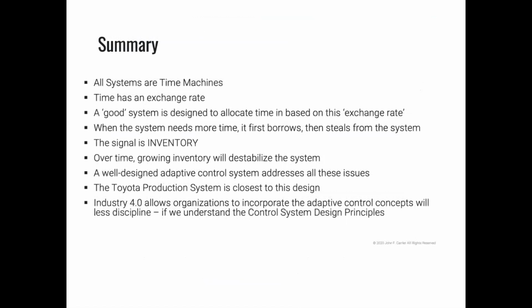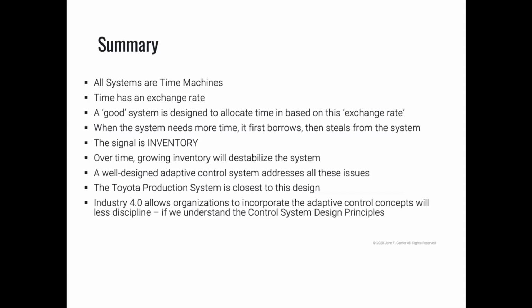So just in summary, all systems are really time machines. A customer comes to our system for us to produce something faster than they could on their own. And that time has an exchange rate. In order to produce value for the customer, we have to use our time effectively.